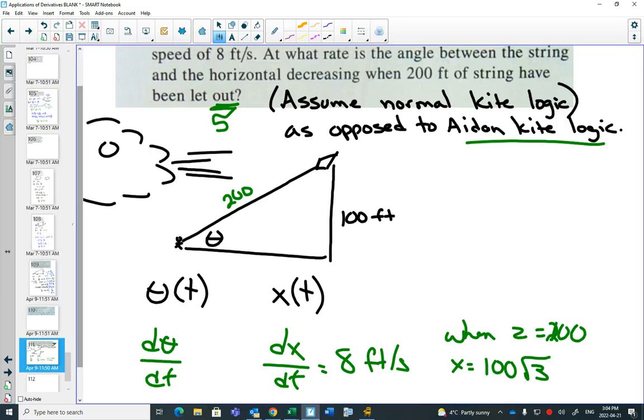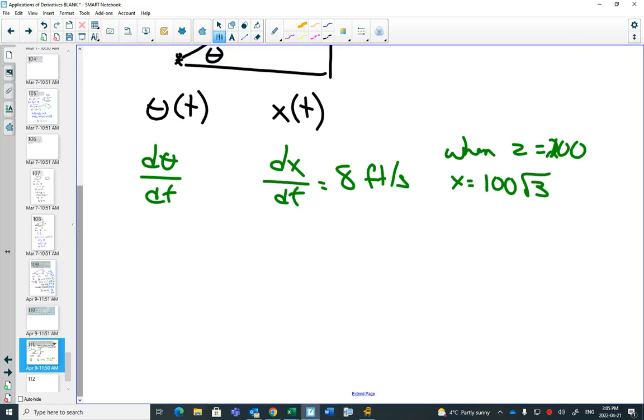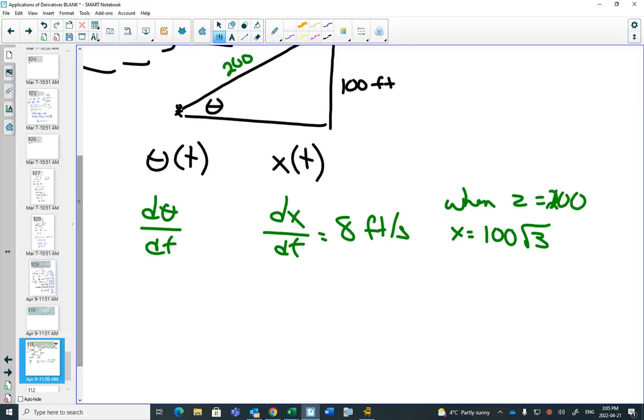Well, it does matter because it tells us what x is. Maybe it doesn't, okay? Because what we could do here when we're setting up our equation, what do we need? Is there a relationship between theta and the z, because the z is changing?